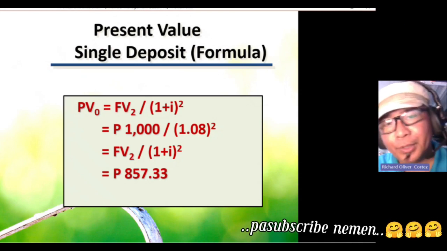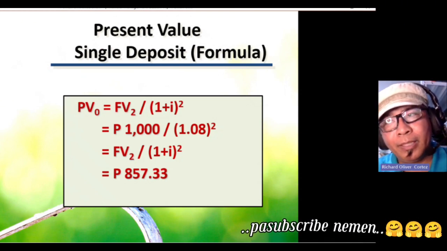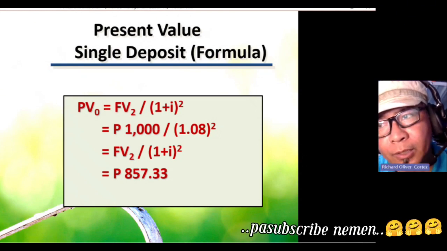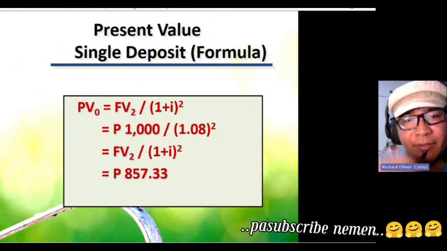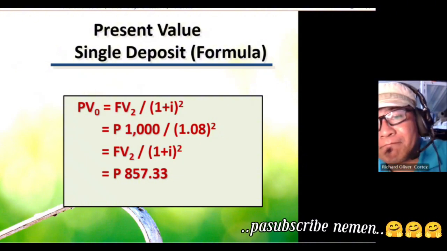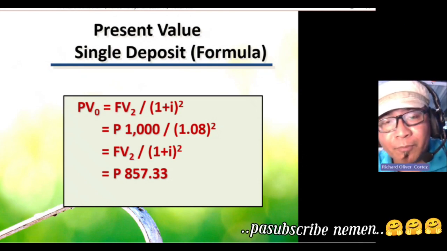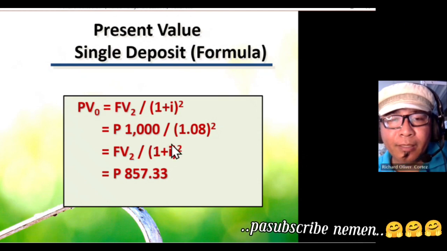So, this time, pag tayo nag-compute ng present value, sabi ko kanina, no? Pag present value hinahanap natin, the resulting amount ng ating computation should be lower dun sa given na 1,000. Di ba ang given natin 1,000? Magkano invest ngayon? Itong ating formula. 1,000, kasi kanina, no?